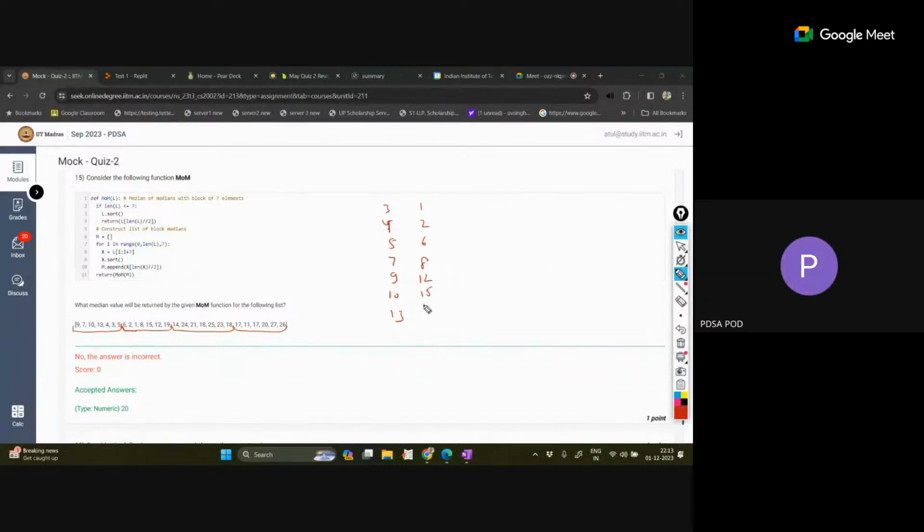Next block is 14, 18, 21, 23, 24, 25. Then the next one is 11, 17, 20, 26, and 27. Okay, this one.